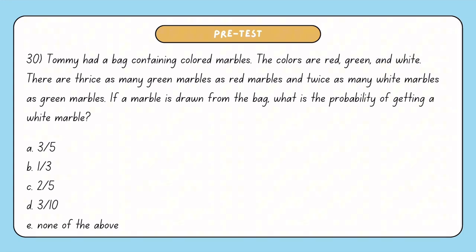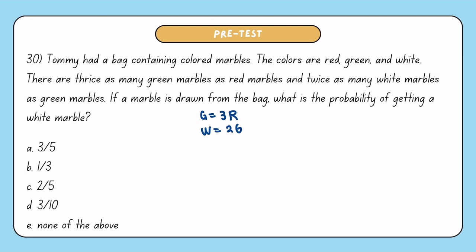Dahil sinabi na there are thrice as many green marbles as red marbles, we can write green equals 3R. And dahil sinabi na there are twice as many white marbles as green marbles, we can write W equals 2G.